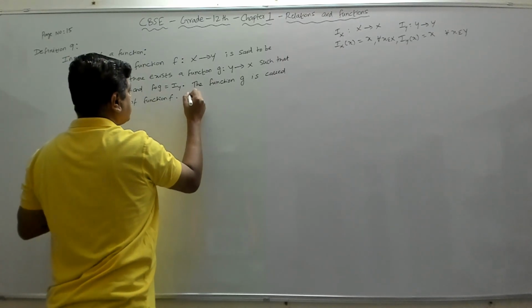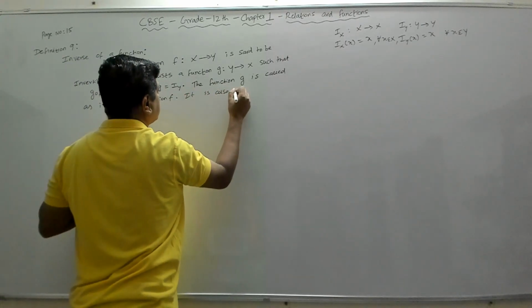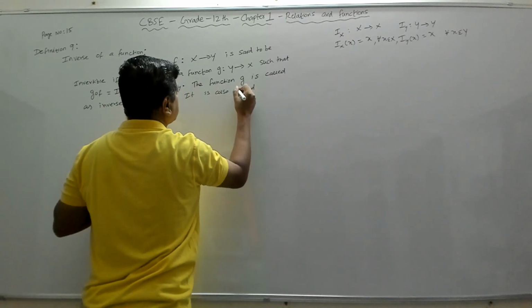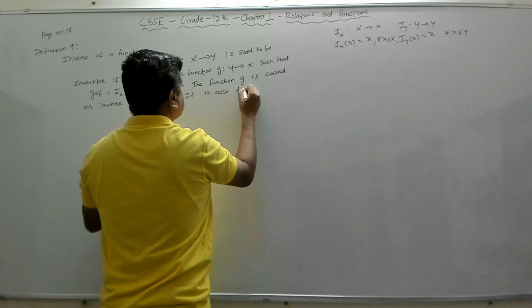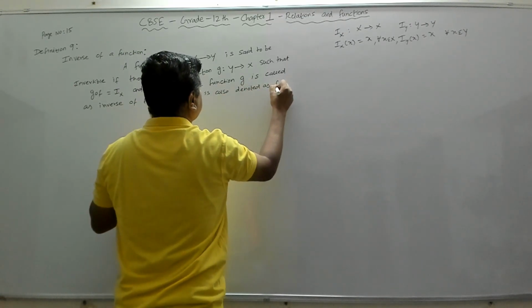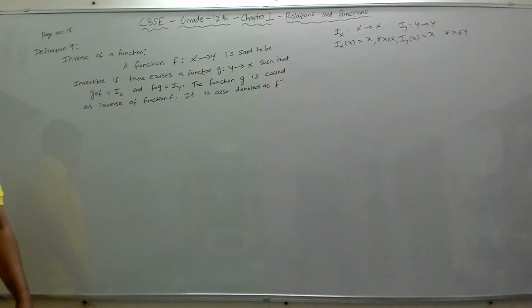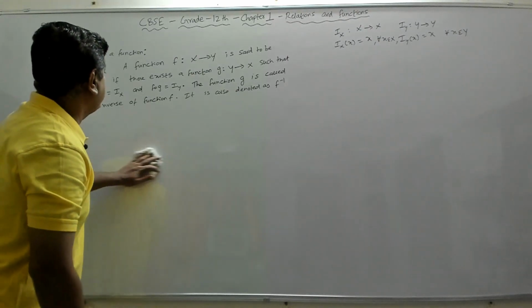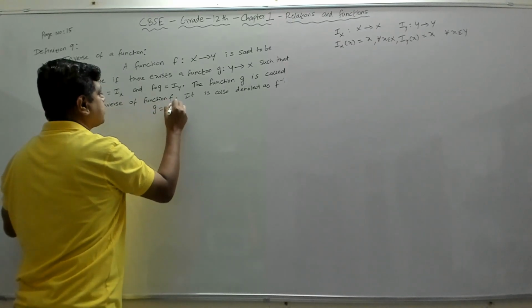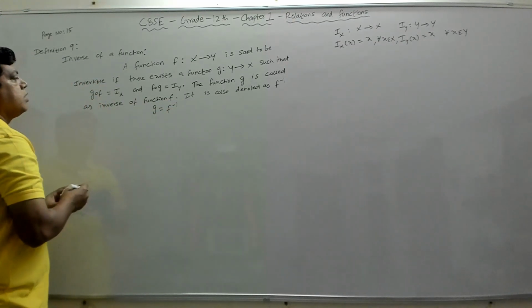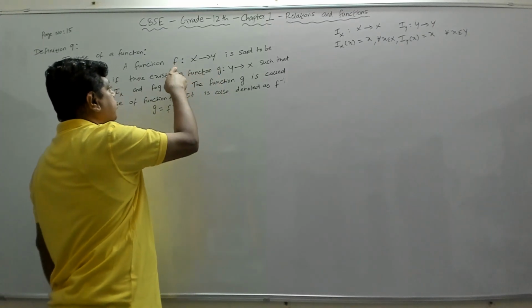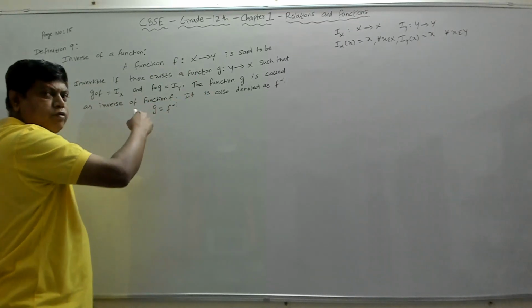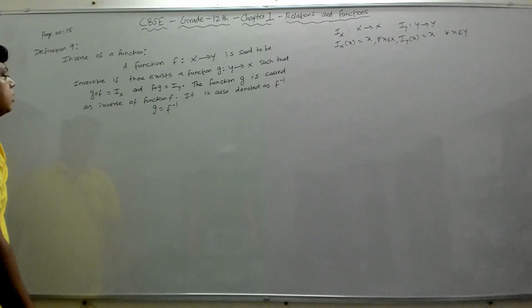It is also denoted as f inverse. The function g can also be denoted as f inverse. Fine. So we call g equal to f inverse, or f inverse is g. Here the function g is the inverse of f, and we can also say vice versa. f is an inverse of g. Even the reverse logic works.